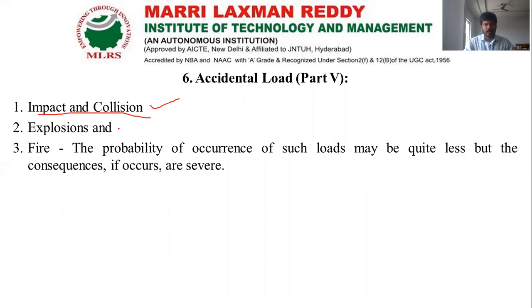Explosions: if the nearby area has some explosions, for example if the construction is happening near some quarries and they blast, then automatically we can get some loads on the structure. So this is due to explosions. The third one is fire. These are all unpredictable, so our structures are to be designed to resist these accidental loads also.